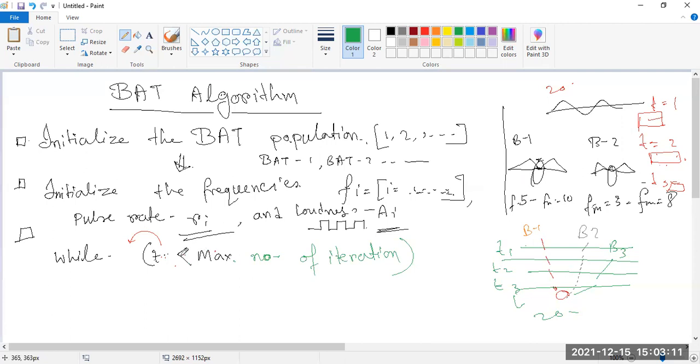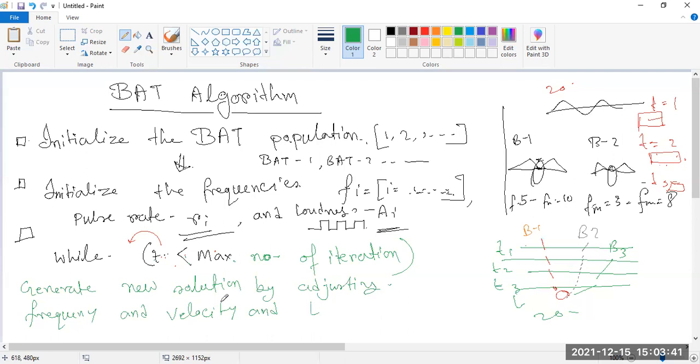If t is less than this, then generate a new solution by adjusting frequency and velocity and location.